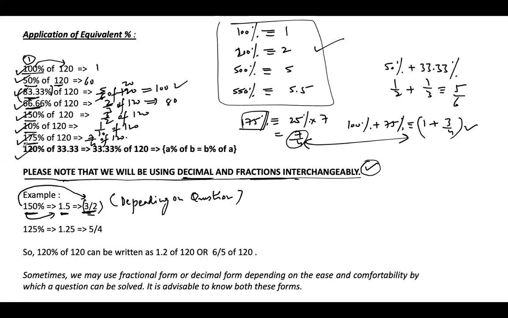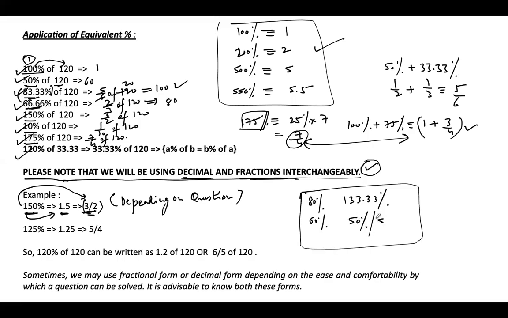And these are the values that are important. For example, 80%, you should remember, 60% remember, 133.33%, 150%, 250%, 11.19%, 33.33%, 66.66%, 120%, 125%, 75%.